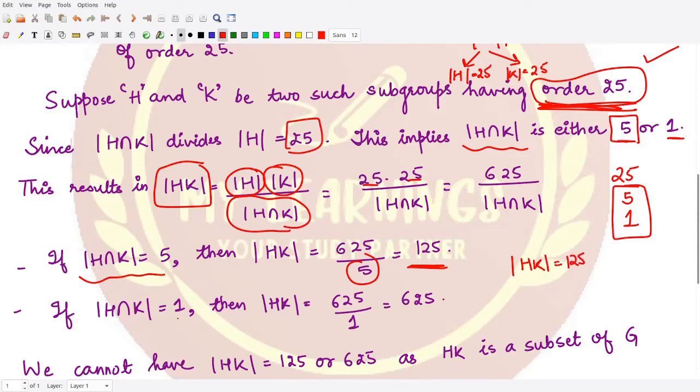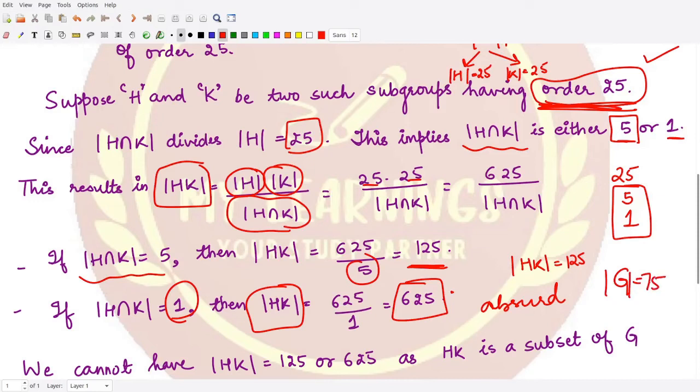In the second case, if we take the order of this intersection as 1, it contains only one element, which is obviously the identity element. In that case the order of HK comes out to be 625. However, both of these quantities are absurd. Why? Because initially we had our group G which has order 75, and we are taking two subgroups H and K of this group and multiplying them together.